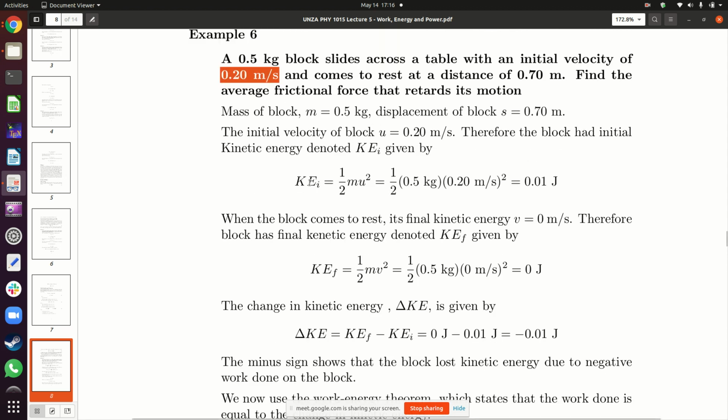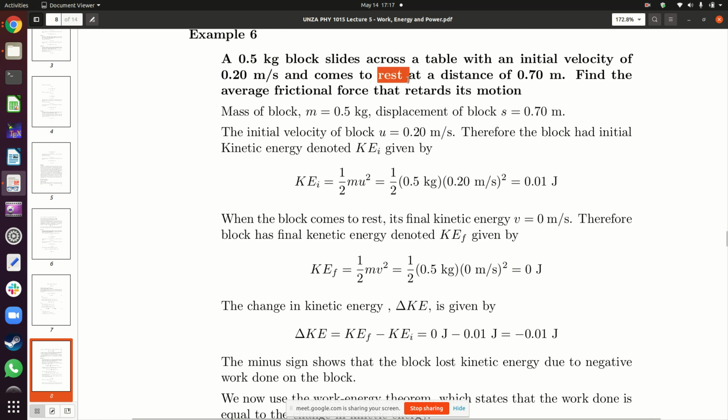The initial kinetic energy, KEi, is equal to half times m times u squared. The m is 0.5 kg and the u is 0.2 meters per second. So that is half times 0.5 kg times 0.2 meters per second, the whole thing squared, which gives us 0.01 joules.